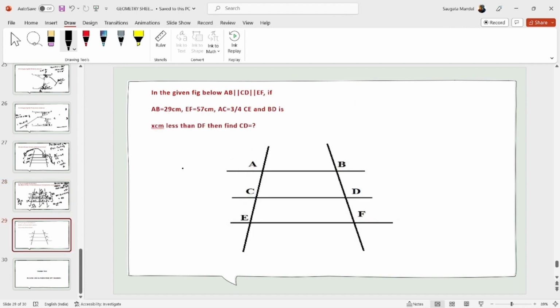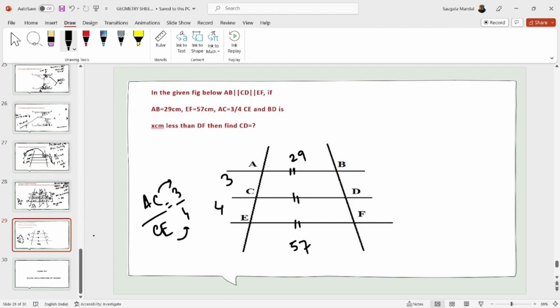In the given figure below, AB is parallel to CD parallel to EF. If AB is 29 centimeter, EF is 57 centimeter, AC is 3, CE is 4. AC by CE is equal to 3 by 4. That means AC equals 3 and CE equals 4.